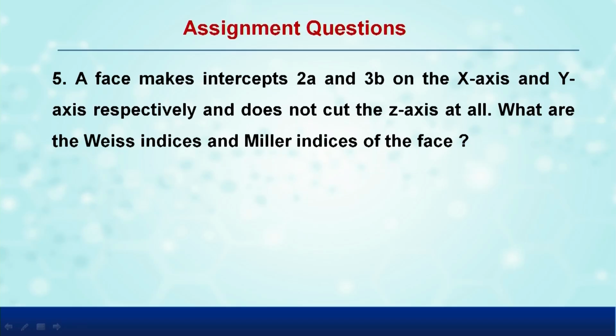The last question, a face makes intercepts 2a and 3b on the x axis and y axis respectively and does not cut the z axis at all. So, what are the Weiss indices and Miller indices of the face?